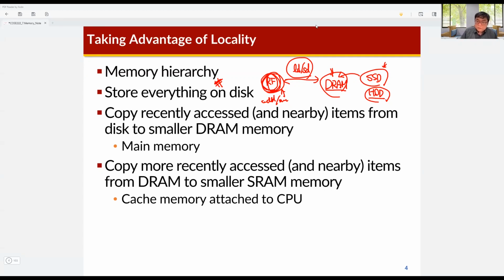Data is transferred from storage to the DRAM, and the data is transferred from DRAM to the register file. This is the kind of memory hierarchy. And then why is locality exploited by this memory hierarchy?